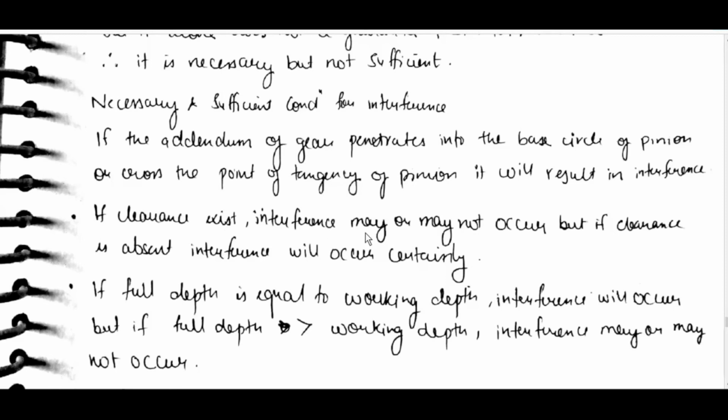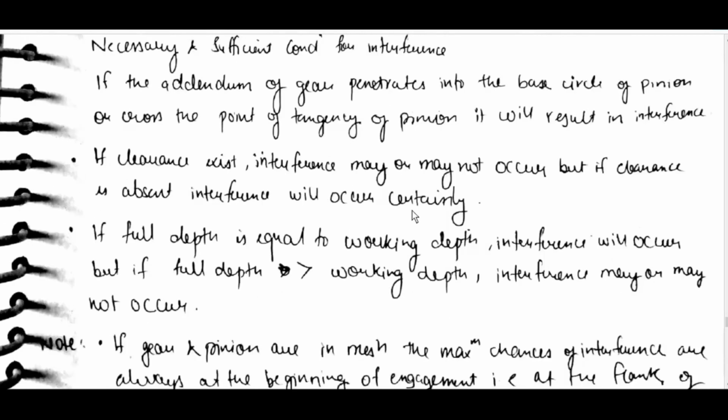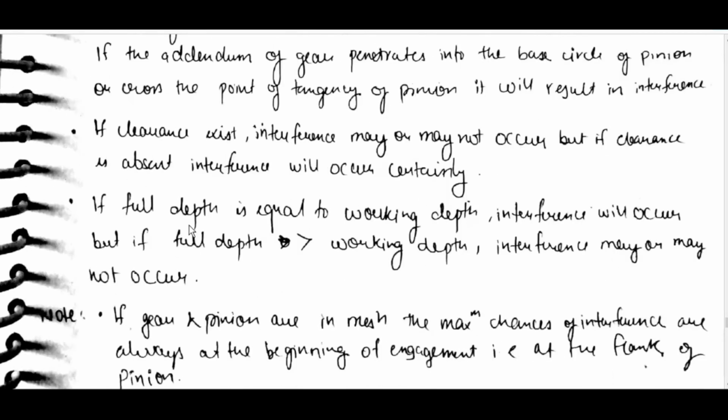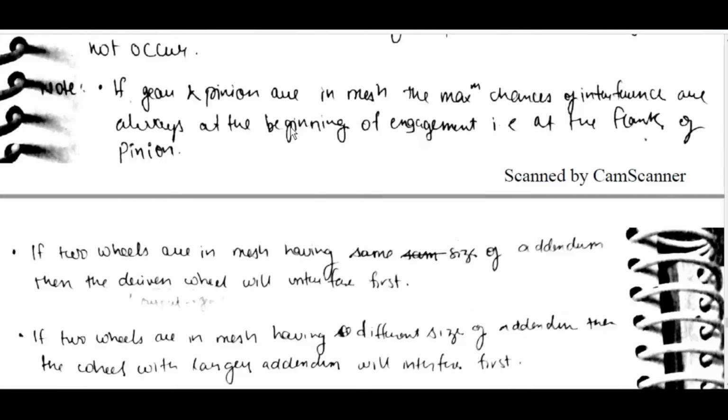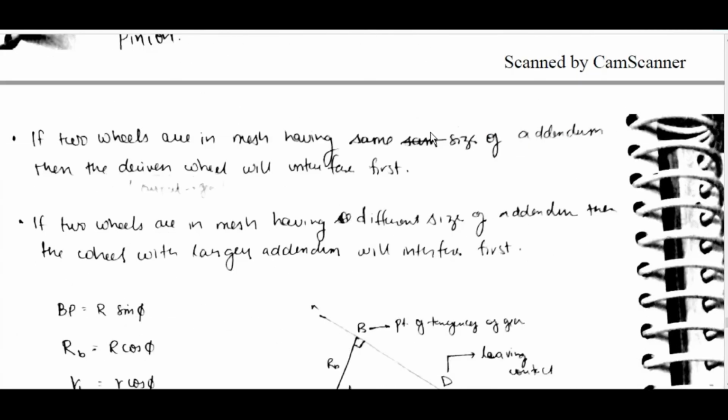If clearance exists, interference may or may not occur, but if clearance is absent, interference will occur certainly. If full depth is equal to working depth, interference will occur, but if full depth is greater than working depth, interference may not occur. If gear and pinion are in mesh, the maximum chances of interference are always at the beginning of engagement, that is at the flank of pinion.